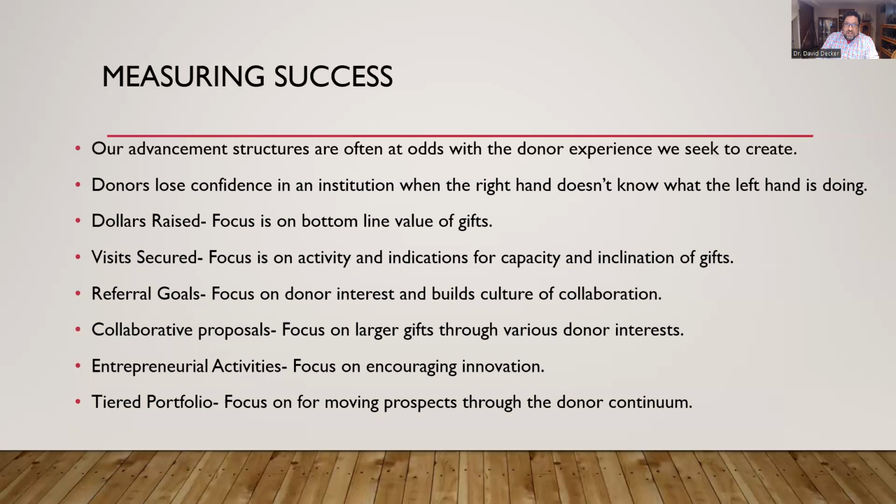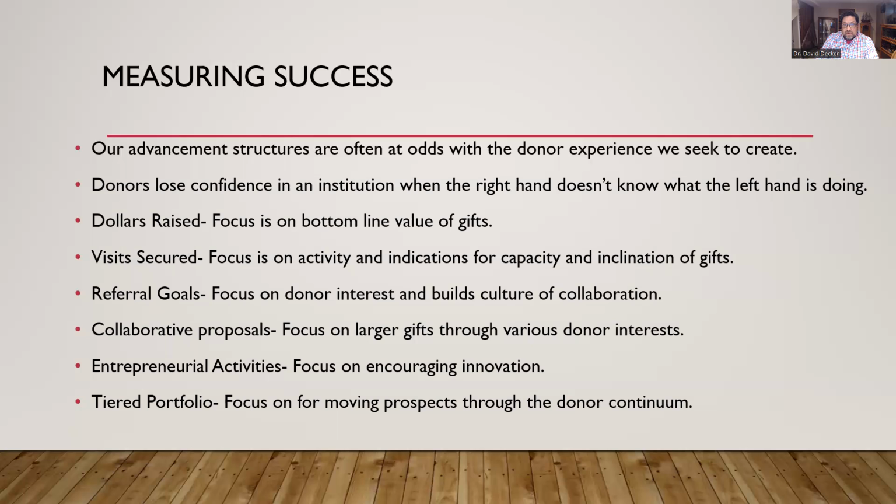So giving credit and attention to a development officer's ability to move people through different stages of the cycle, like we've already talked about, taking people from cultivation to solicitation to stewardship and so forth, even going back and forth between those three.